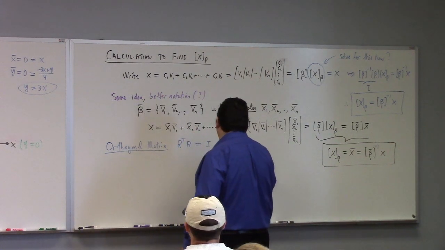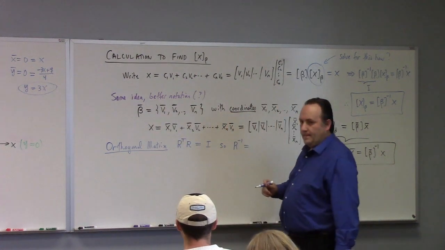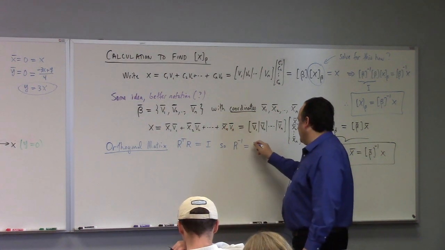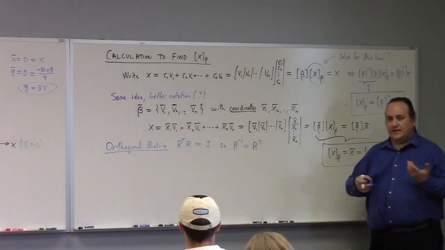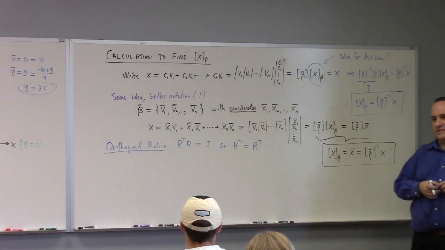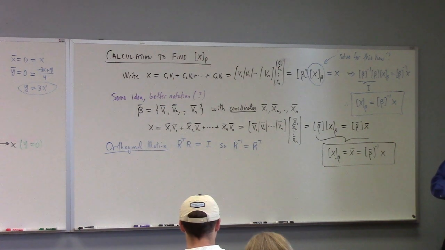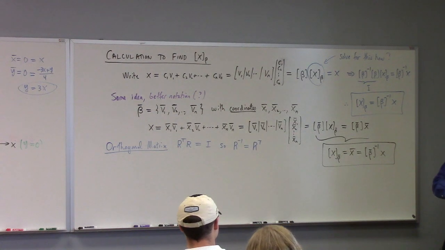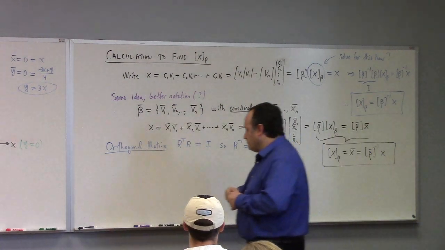So R inverse is equal to R transpose. So if we had a so-called orthonormal basis, a set of vectors which were pairwise perpendicular and all of length 1, the inverse of the basis matrix is much easier to calculate. It's just the transpose. Let me illustrate what I'm saying with an example.